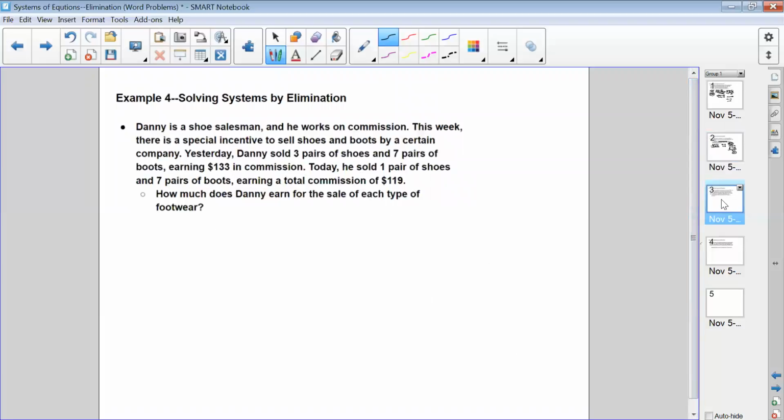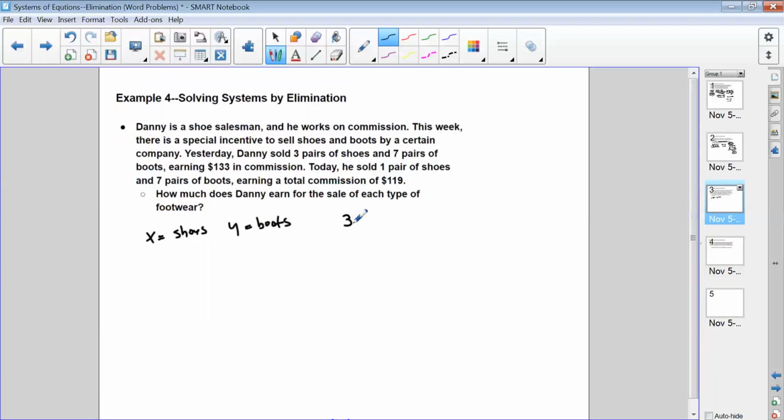So here's example 4, third slide. A shoe salesman is working on commission, and Danny sold 3 pairs of shoes and 7 pairs of boots, earning so much commission. I'm going to say X would be shoes, Y would be boots.